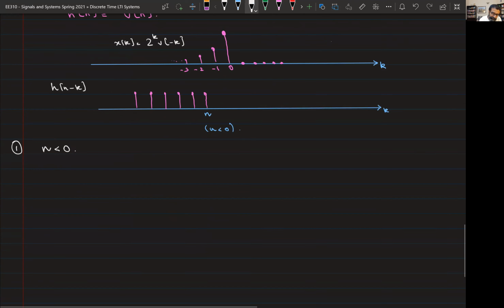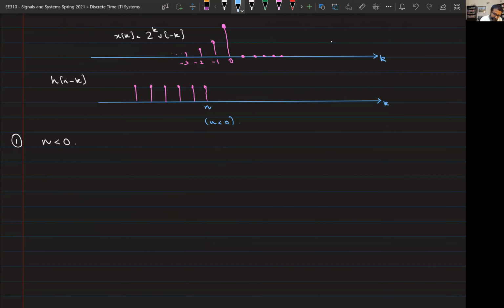So what would this summation be? Let me write this again. y of n is summation k going from minus infinity to plus infinity, x of k, h of n minus k. So what does this multiplication do to the limits? The overlap is from where to where? So the summation is from minus infinity to 0.